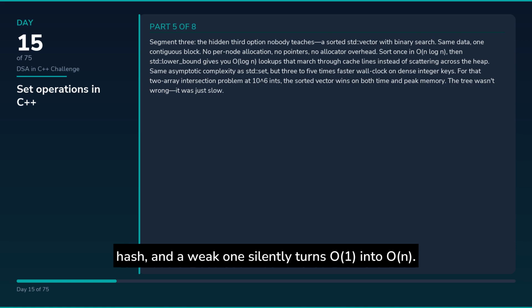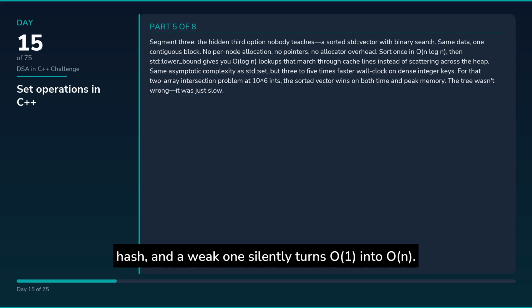Segment 3. The hidden third option nobody teaches, a sorted std::vector with binary search. Same data, one contiguous block. No per-node allocation, no pointers, no allocator overhead. Sort once in O(n log n), then std::lower_bound gives you O(log n) lookups that march through cache lines instead of scattering across the heap.